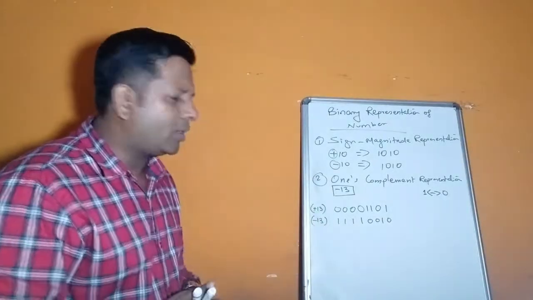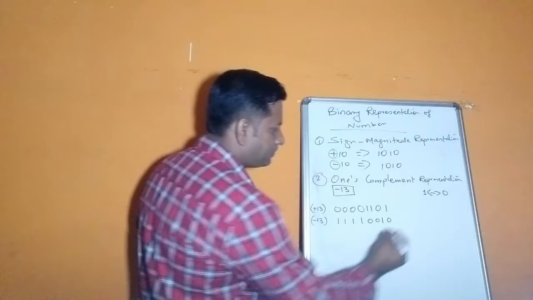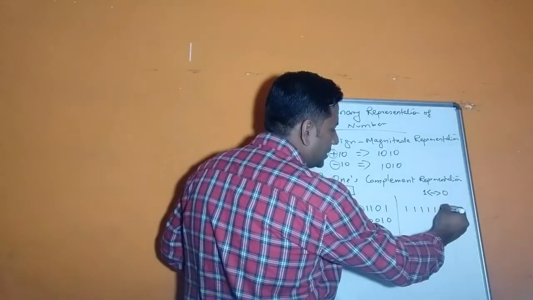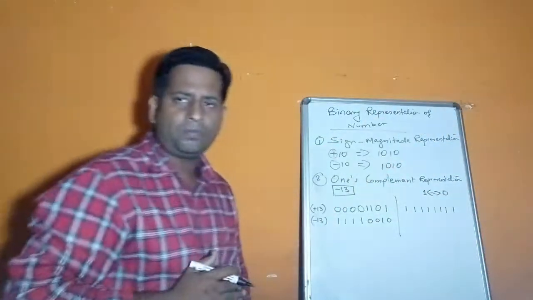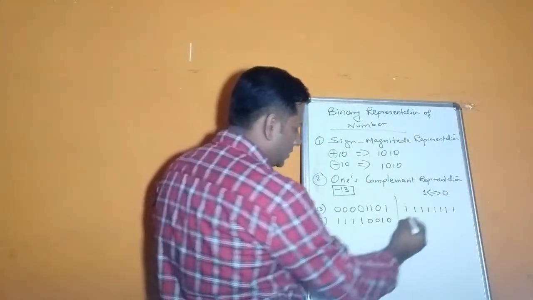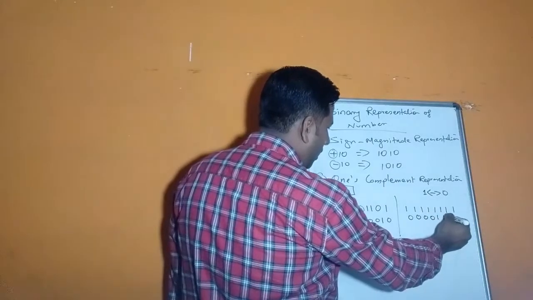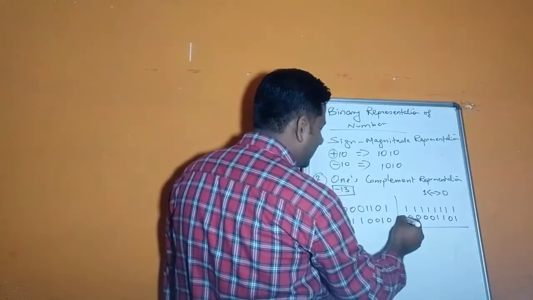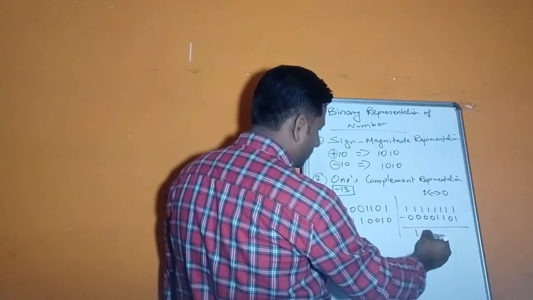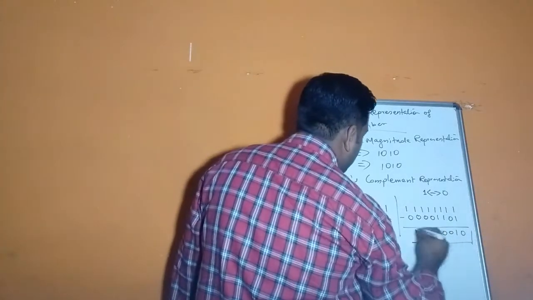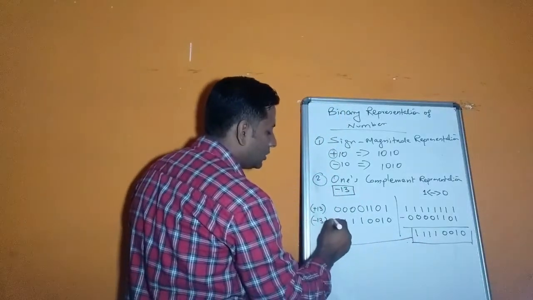You can check this another way also. Suppose you consider 1 2 3 4 5 6 7 8, all 8 bits on. Now subtract the positive part, that is 0 0 0 0 1 1 0 1. If you subtract it, you will get the same answer as this part.